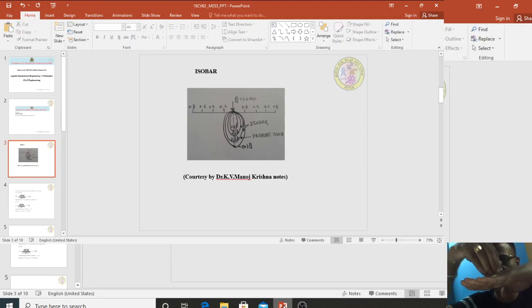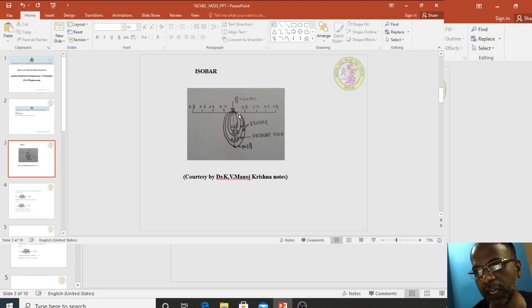Suppose this is your ground surface and we are applying a load Q, the pressure starts distributing slowly below the ground level like this, and this diagram is called a pressure distribution diagram. When the pressure is 0.4 times Q, you can see here the pressure diagram will be up to this extent.